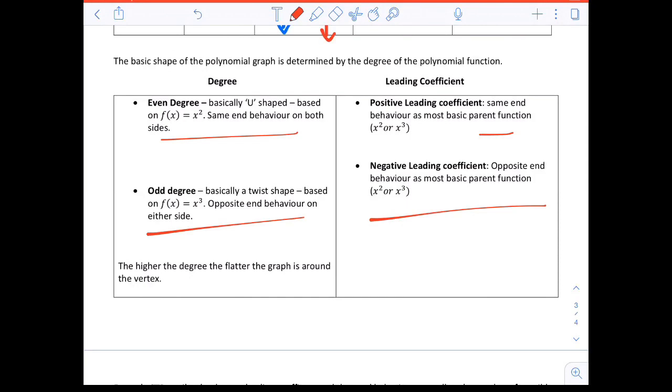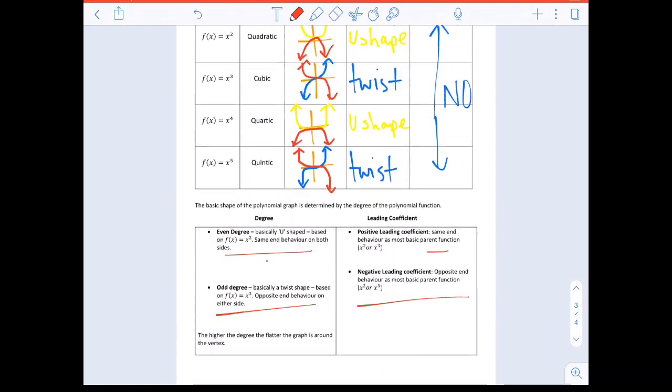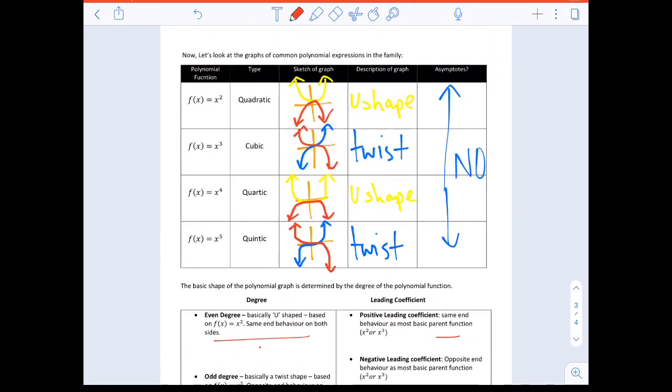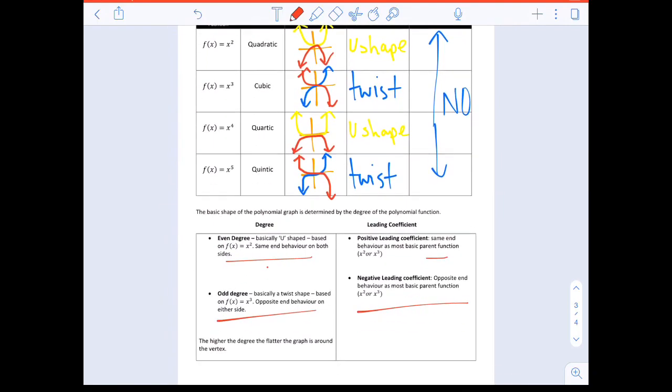Well, x to the power of 4 would also have that same behavior, both on the bottom, as we kind of showed up above here. So the only difference is that leading coefficient, if it's negative, it reflects it. It doesn't matter what happens on any of the other coefficients of any other terms in the polynomial. It's just that one that leads our polynomial.